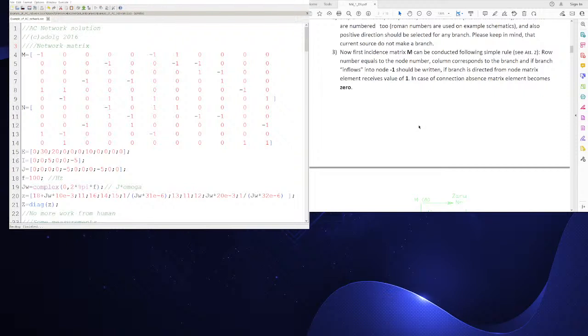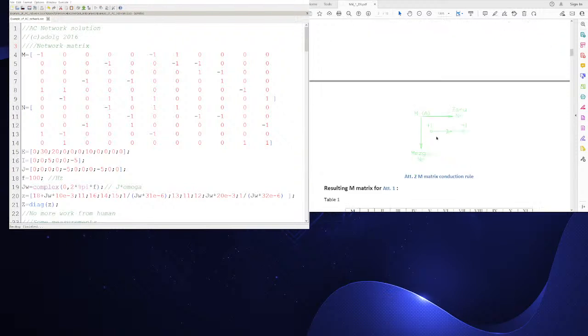When I have all nodes and branches numbered and positive directions selected, I need to construct the first incidence matrix. Here is the rule: columns mean branches, rows mean nodes. If a branch is directed into a node, I should write -1 at the crossing of the column numbered by the branch and the row numbered by the node.